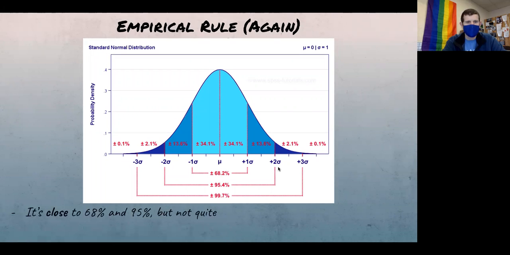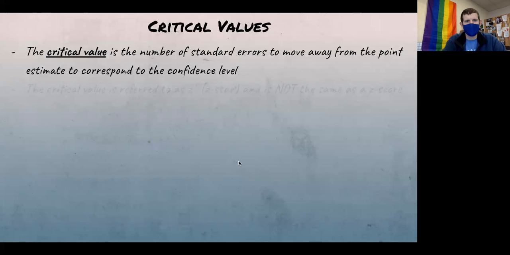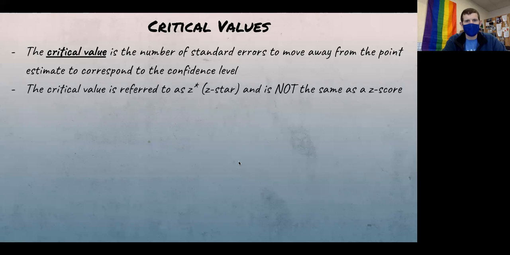So as we are turning to critical values, this distinction between 68 and 68.2% will matter. Okay. So the critical value is the number of standard errors to move away from a point estimate to correspond to the confidence level. And it's referred to as z star. This is very much like a z-score.